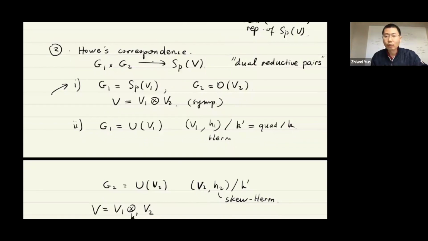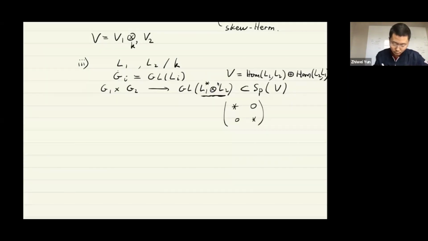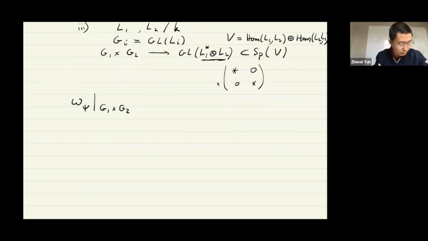So once we have this pair G1, G2, we can take this oscillator representation and restrict to G1 times G2 and try to decompose it. So this is the theta correspondence proposed by Roger Howe. So you can use this to define a map from the Grothendieck group of representations of G1 to representations of G2.